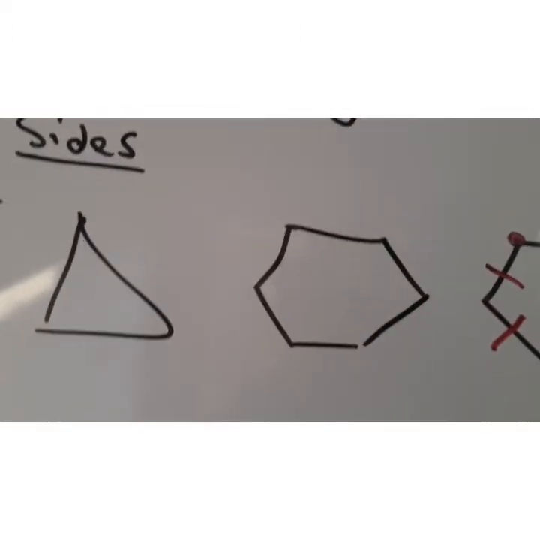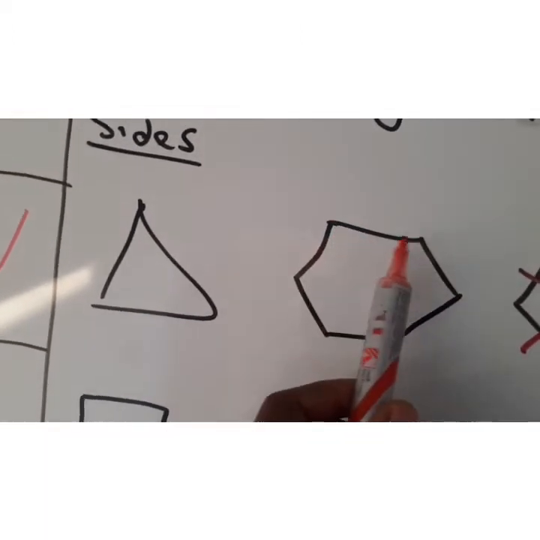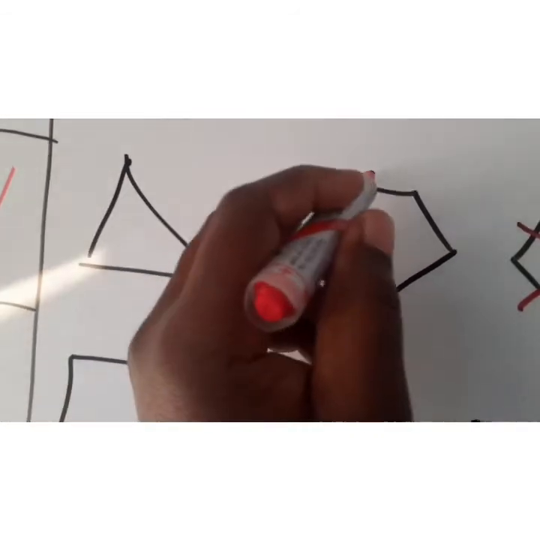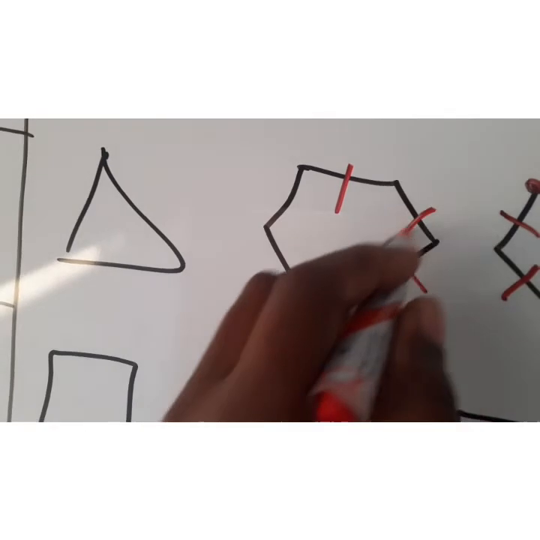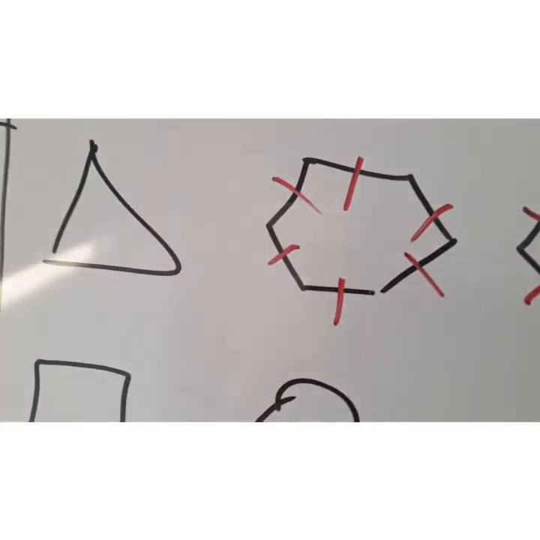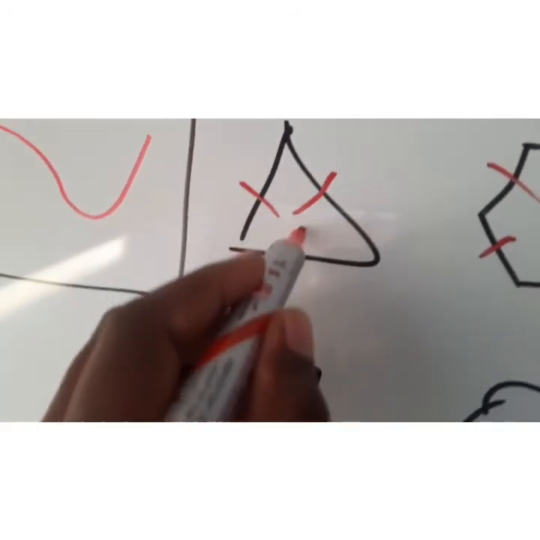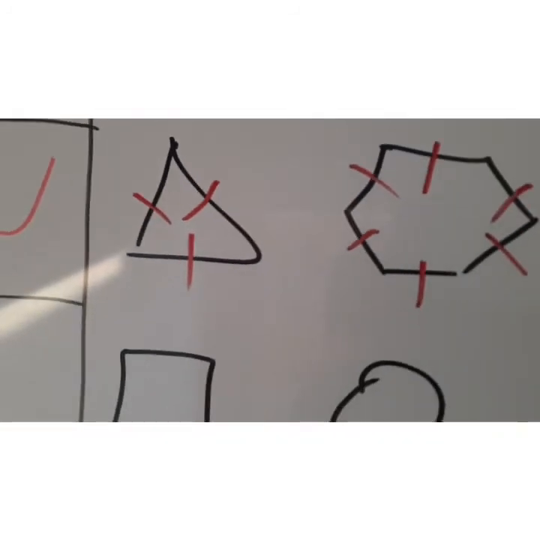You see that this line joins these two, this line joins these two, this line joins these two. In which case I'd have 1, 2, 3, 4, 5, 6 edges. In my triangle, I'd have your 1, 2, 3 edges.